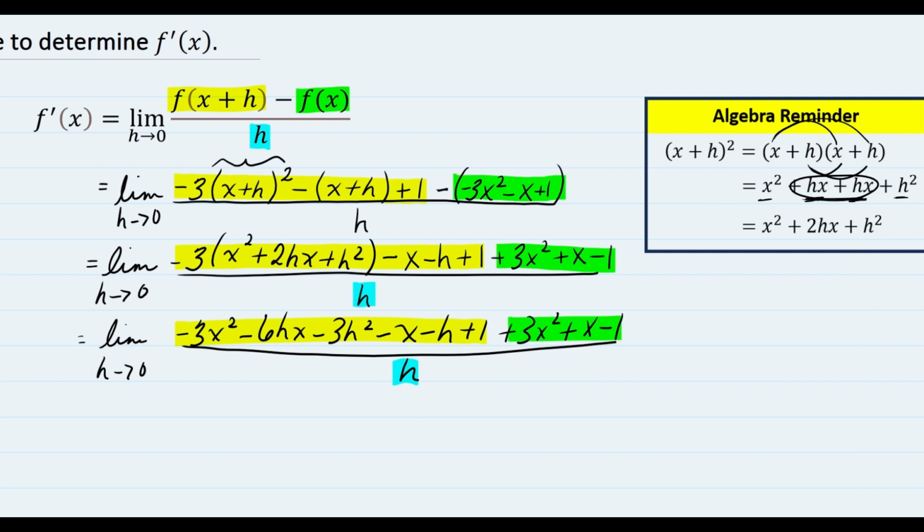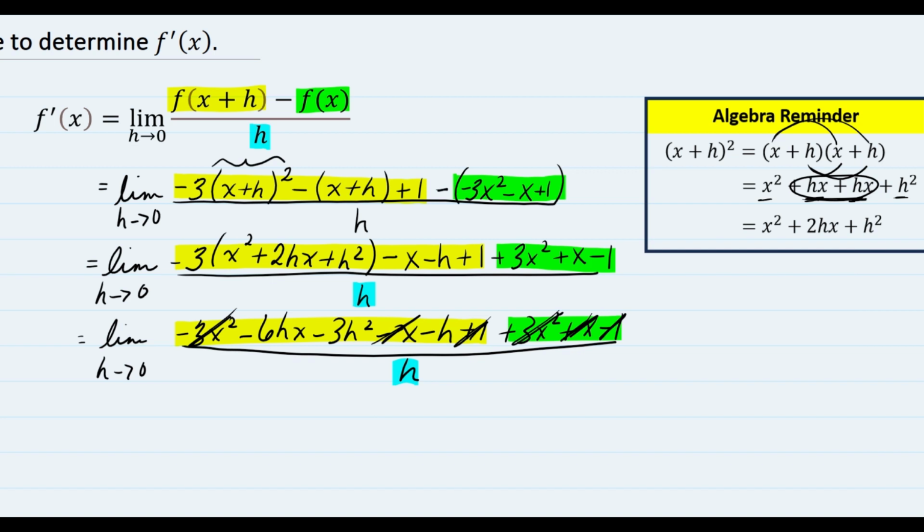So as we go through, we're going to look for our terms that we can put together. And you might notice that we have a -3x squared, but we also have a positive 3x squared. Those two are going to cancel each other out. And as we make our way through there, we have a minus x and a plus x and a plus 1 and a minus 1. And all we're left with is 3 terms now in the numerator.